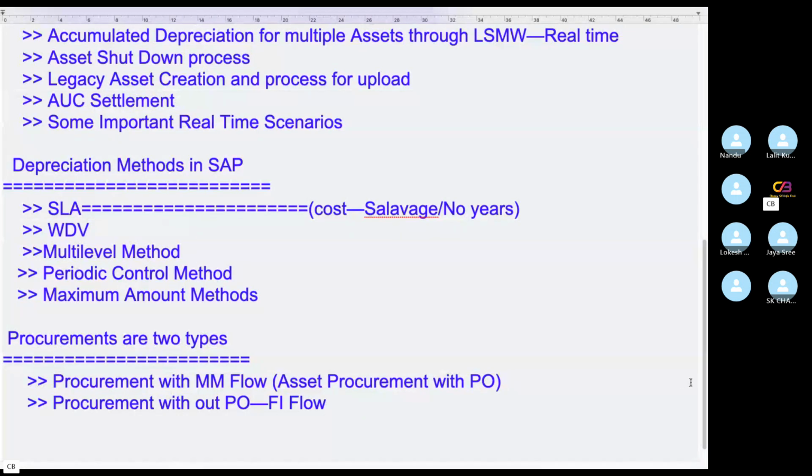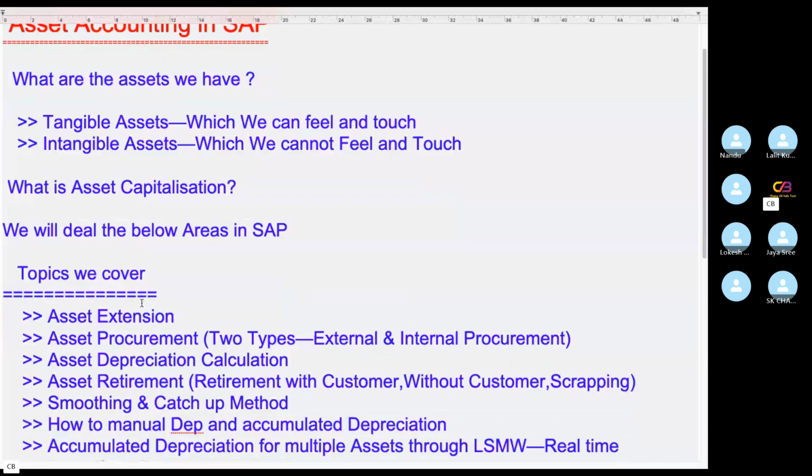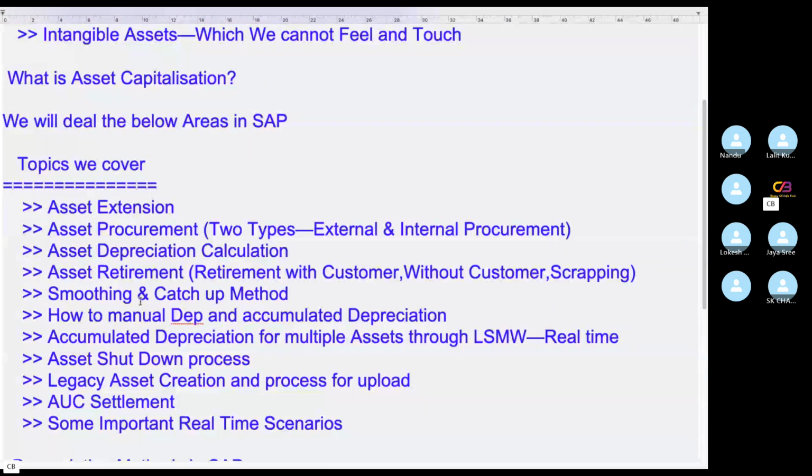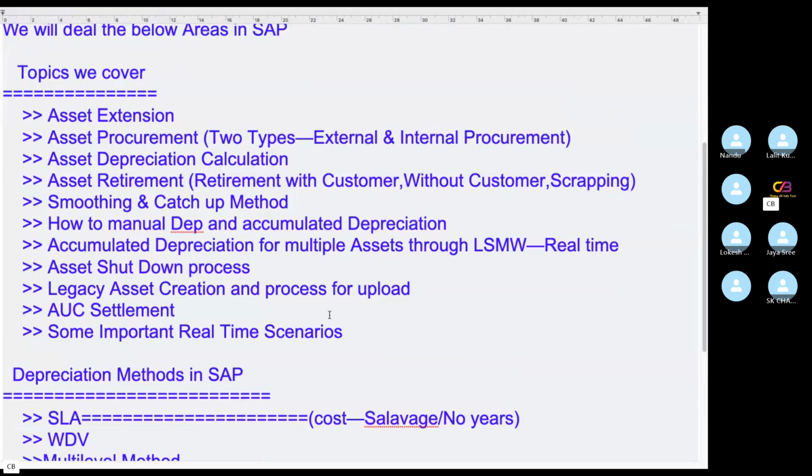These are the procurements. In asset accounting, we have tangible assets and intangible assets. In upcoming classes, we will deal with all these areas.